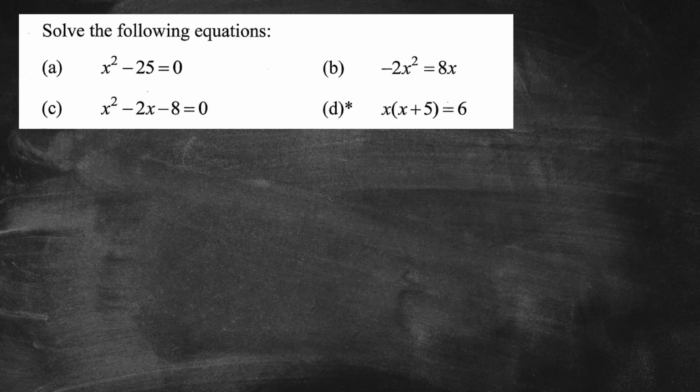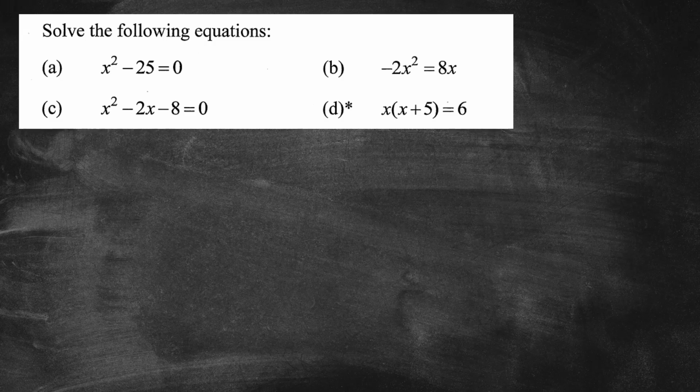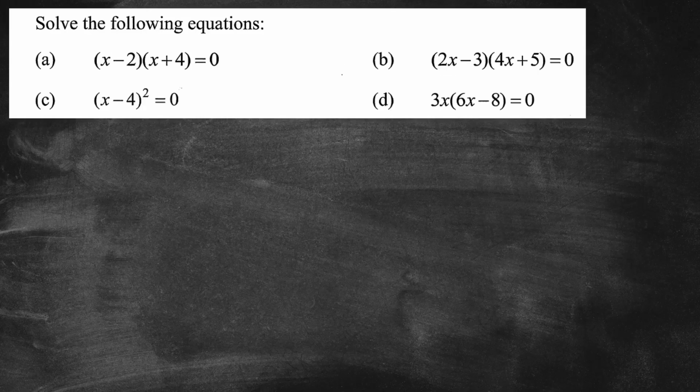So going back now, we'll just do the ones that are already factored, and then we'll move on to the next ones where we have to factorize first and then solve. But if you can do your factorization, this is really peanuts. This is really easy. So that principle that we said, where if we multiply two factors and our result is 0, one of them must be equal to 0.